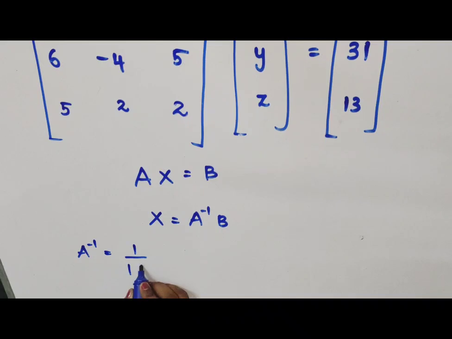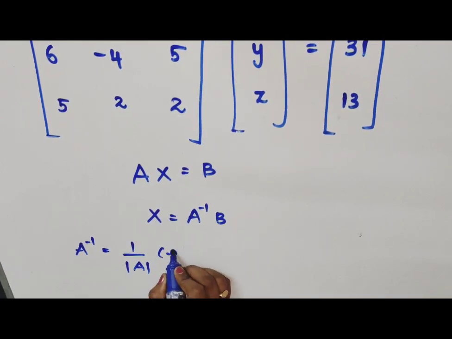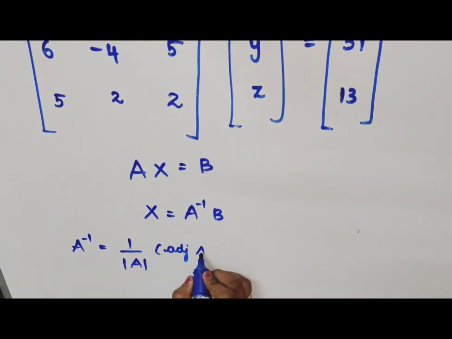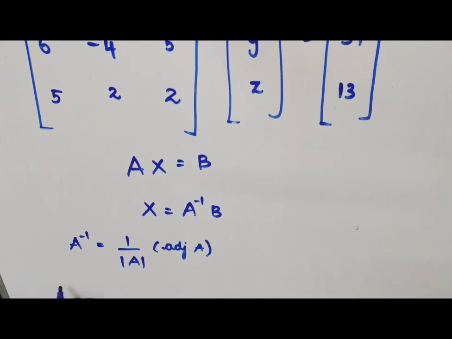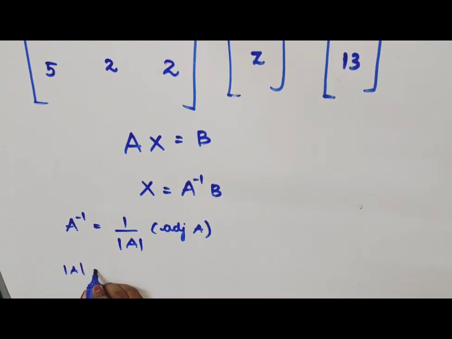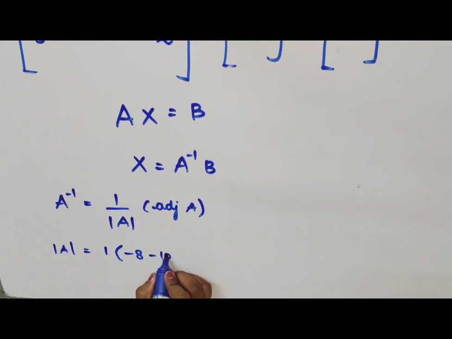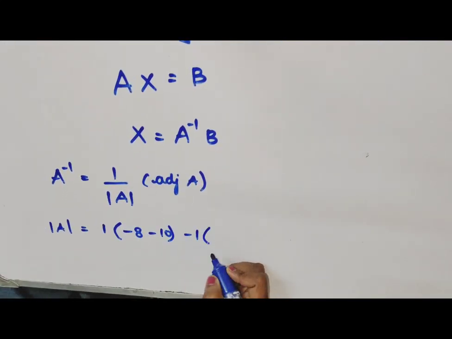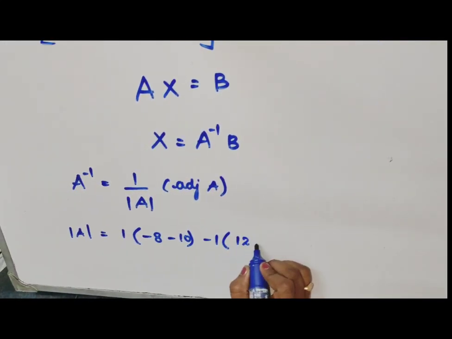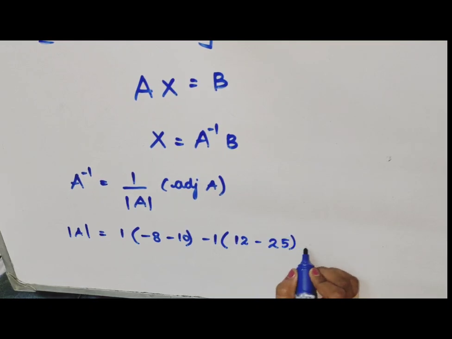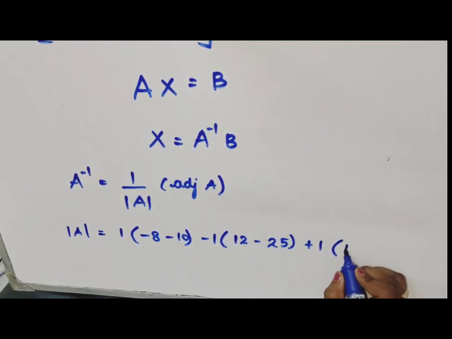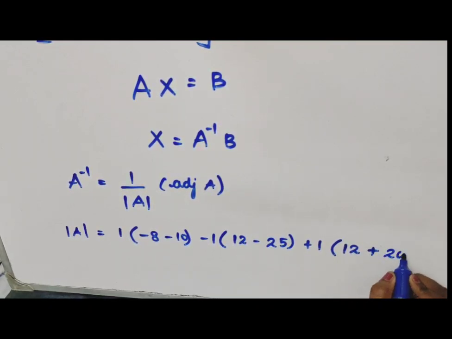The formula for finding A inverse is 1 by determinant A into adjoint A. Okay, first let us find determinant A. Determinant A equals 1 into minus 8 minus 10, minus 1 into 12 minus 25, plus 1 into 12 plus 20.